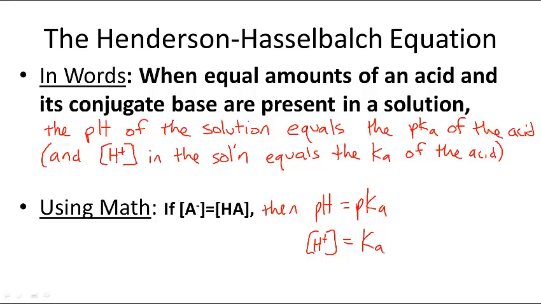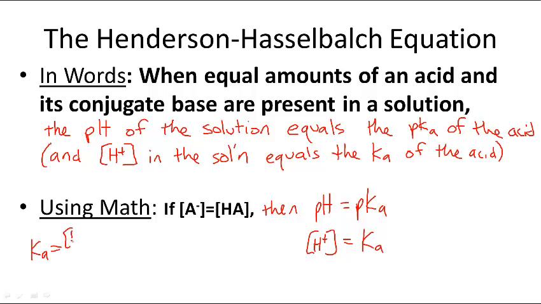Question? Yep. Absolutely. So the student comment is, isn't this just the same thing we could see from the Ka equation? And the answer is yes. We could have seen this just using the Ka equation.